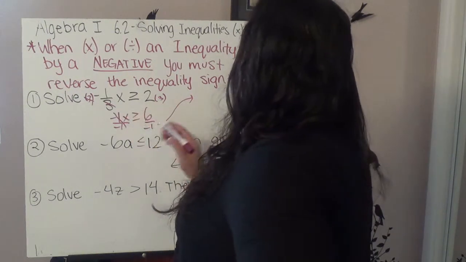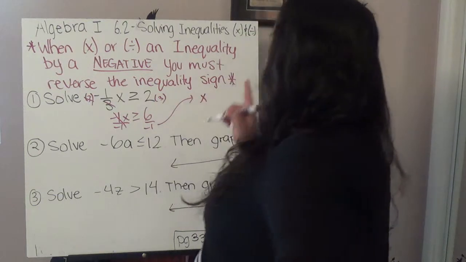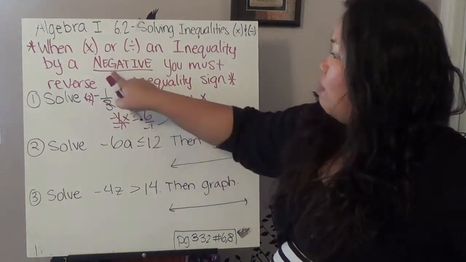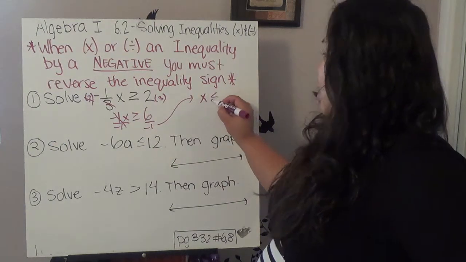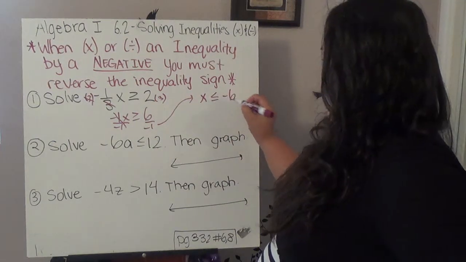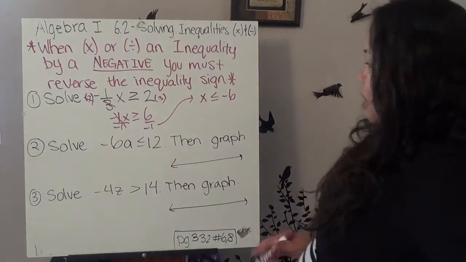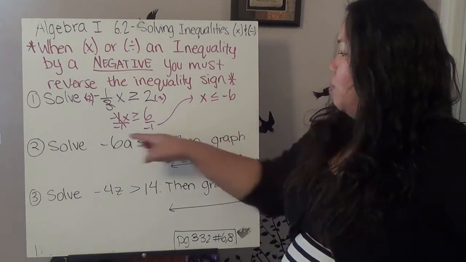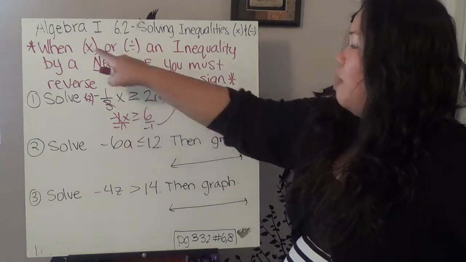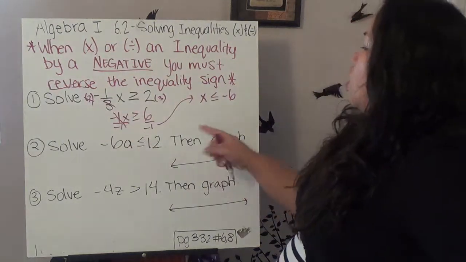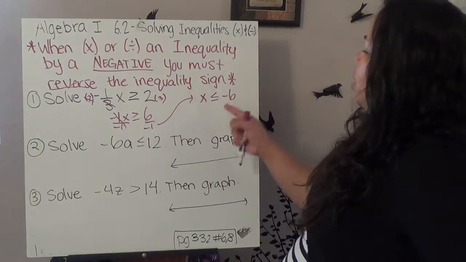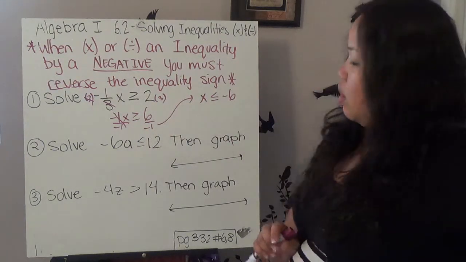These cancel out, and I end up with just x on this side. But because I'm dividing again by a negative, instead of greater than or equal to, it's going to turn to less than or equal to negative 6. One more time, the reason I did that is because I was dividing by a negative, and if I multiply or divide by a negative, I have to reverse the inequality. So because this is greater than or equal to, I flipped it to less than or equal to.